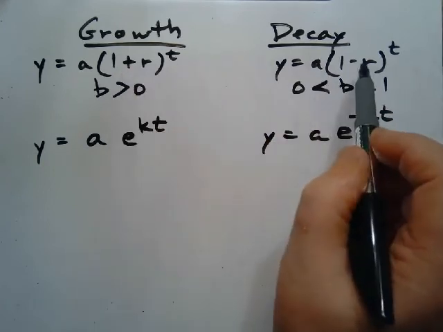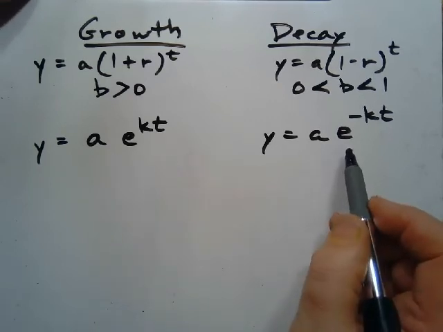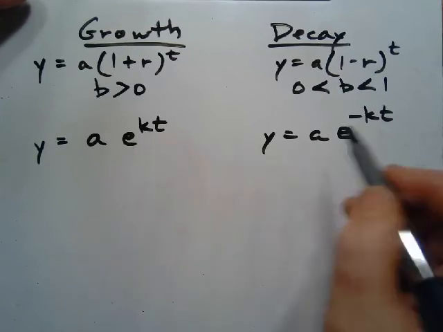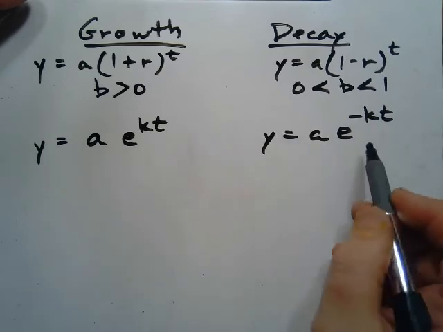So just memorize one of those formulas and realize that the sign in the middle tells you whether it's growth or decay. Now for this other formula, using e, if the exponent ends up being positive, you're going to have growth. If the exponent ends up being negative, you're going to have decay.